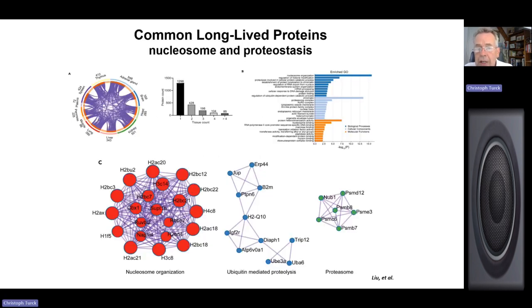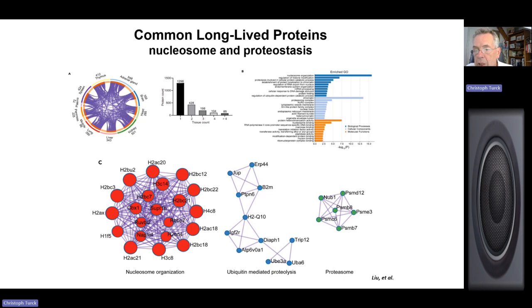It turned out that these long-lived proteins belong to three different pathways. There are a lot of histone proteins. The histones are wrapped around the DNA and they sort of protect it, and they turn out to be very long-lived. The other ones have to do with proteostasis, namely ubiquitin-related proteins and also proteasome-related proteins.